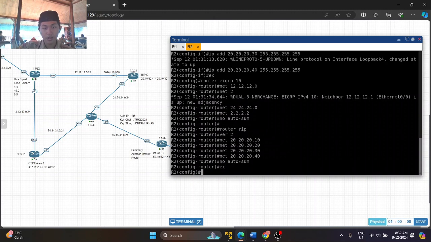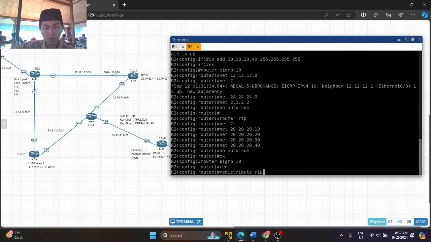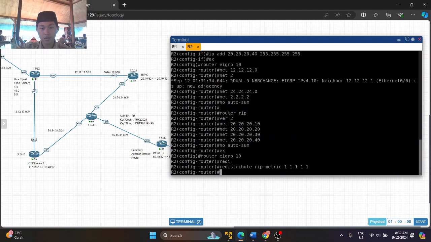Exit. Okay, let's enter router EIGRP again to redistribute the RIP. Redistribute RIP metric 1 1 1 1 1. Enter. Okay.